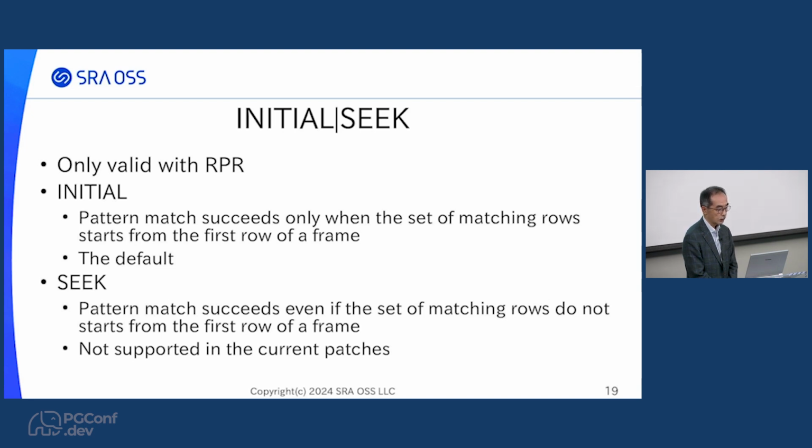If we specify initial, the pattern match should succeed only when the first row of the frame matches the pattern. This is the default. Seek is different in that the pattern match succeeds even if the set of matching rows does not start from the first row. This has not been implemented yet.